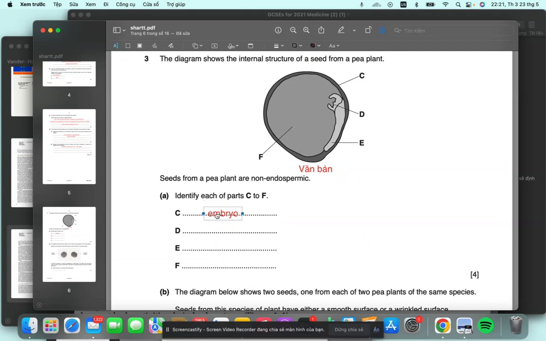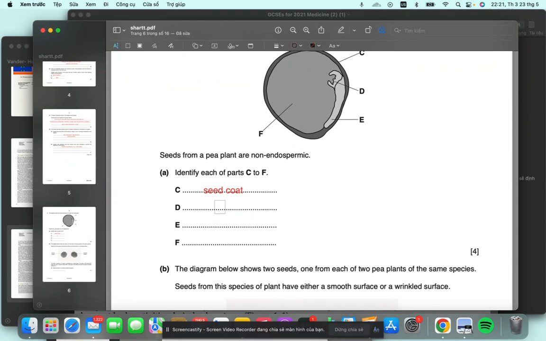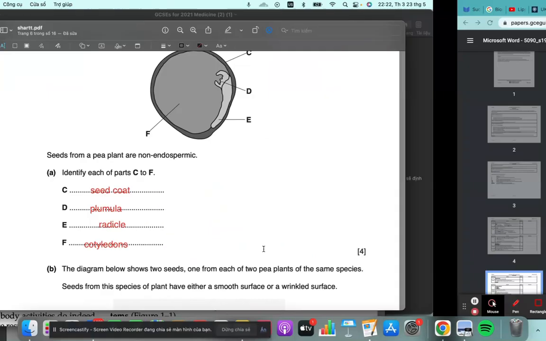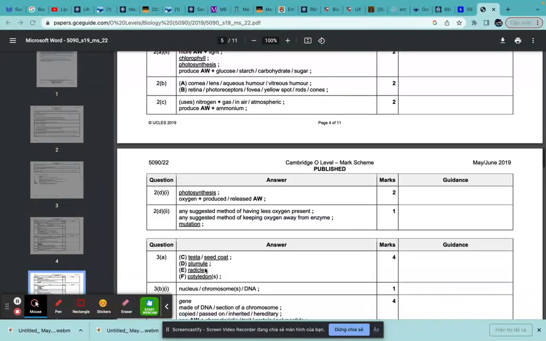We have cotyledons. F is cotyledons here. D is plumule, and E is radicle. Seed coat, plumule, radicle, cotyledons. Yeah.